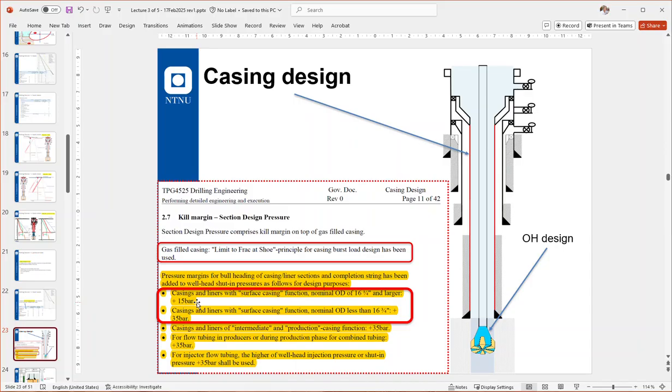You add 15 bars and say, this is my section design pressure. For casings smaller, you add 35 bar. And it's the same for intermediate and production casings. 35 bars you add. And this would be to be able to kill the well.